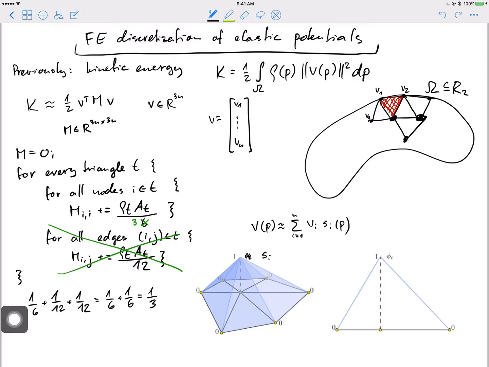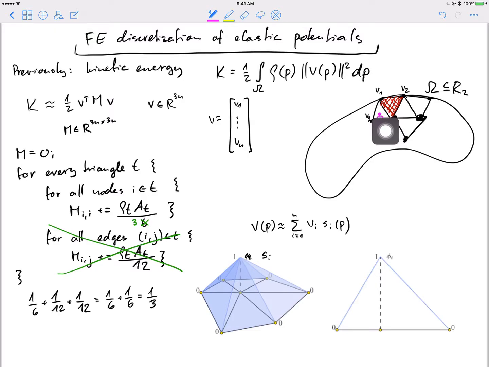Now there is a trick, however. You can kind of see it from here. I still need some way of interpolating the velocities inside all of this continuous domain. At any point, I need to be able to say what the velocity is there. That's what the shape functions do. They interpolate the sampled velocities, and for every point p, I need to be able to tell what the interpolated velocity is.